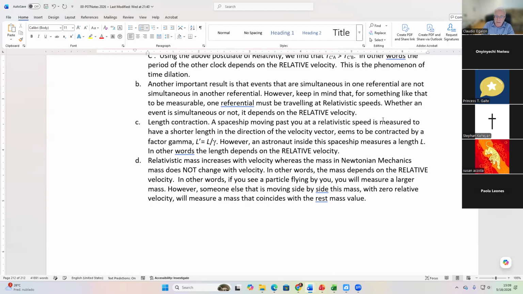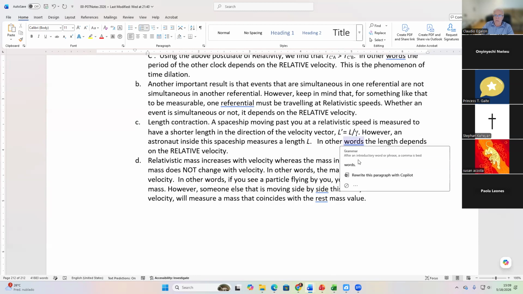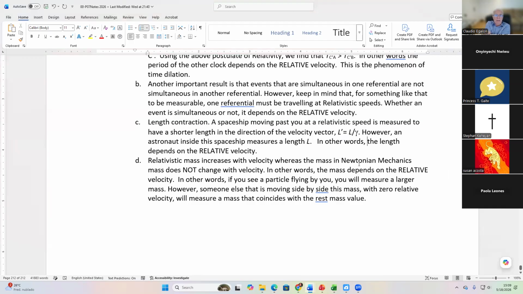However, an astronaut inside the spaceship measures a length L. In other words, the length depends on the relative velocity.